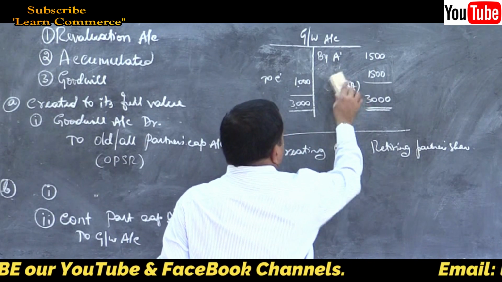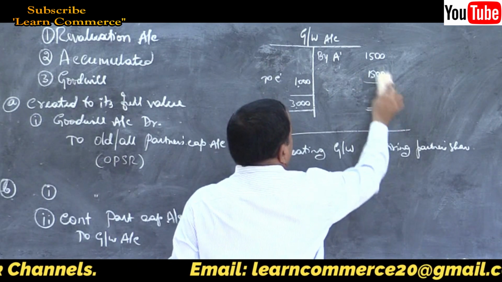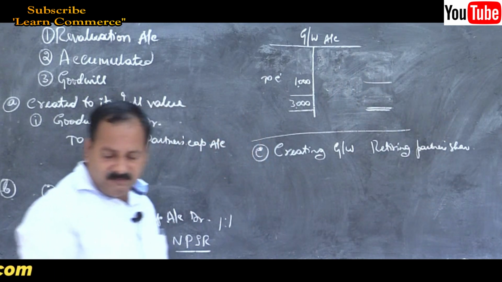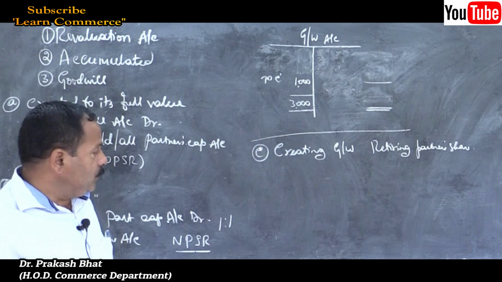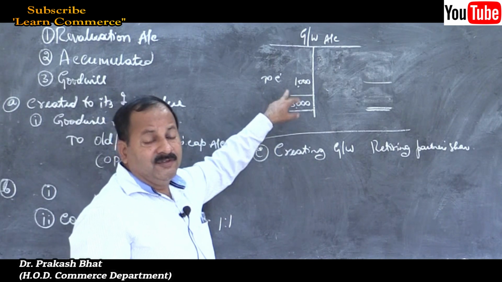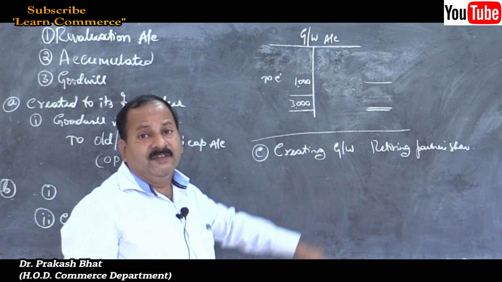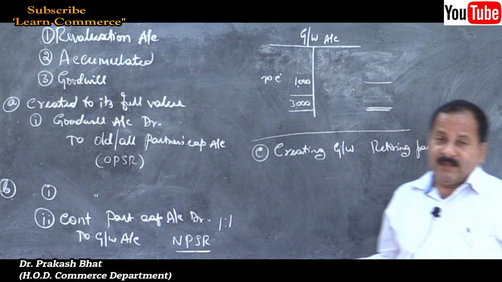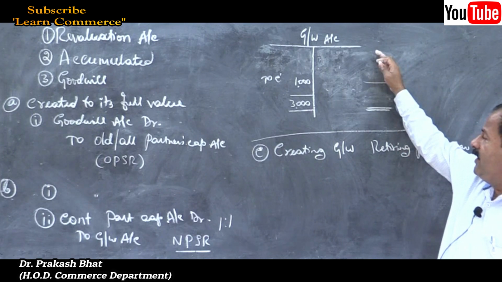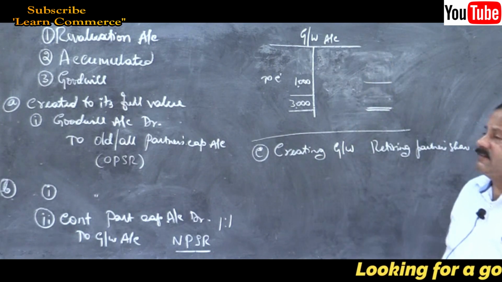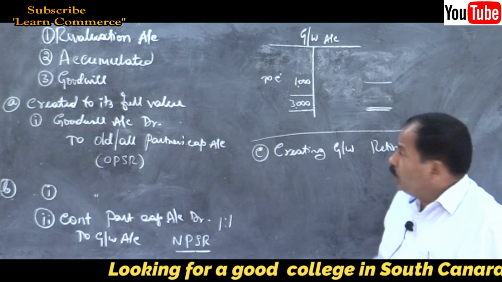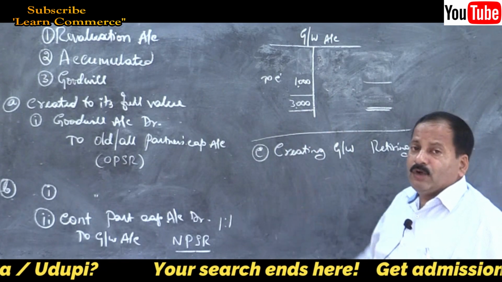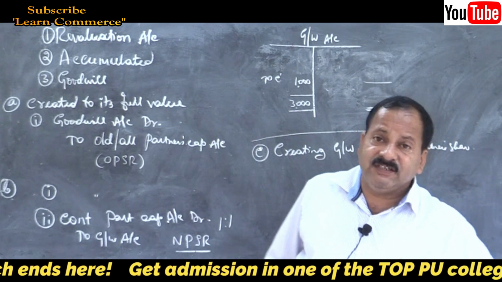Goodwill account debtor to C's capital account with rupees 1000, his share of goodwill. Now there will not be any entry on the credit side. What happens? If we close goodwill account, by balance carried down to balance brought down, goodwill will show a balance of rupees 1000.